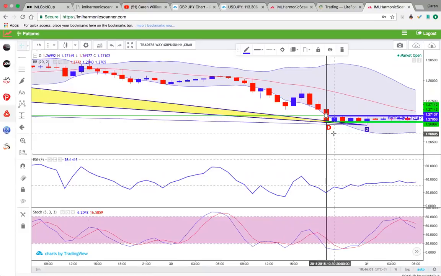And I've given you the stop loss, which you should either use the harmonic scanner stop loss or a 20 pips stop loss, whichever one you favor the most, and you can be consistently profitable with this strategy. Remember, this strategy is 97%, which means that if you do 100 trades, 97% of them are winning trades, so long as you stick to the strategy.